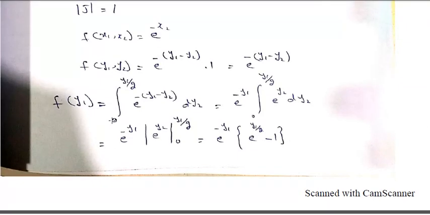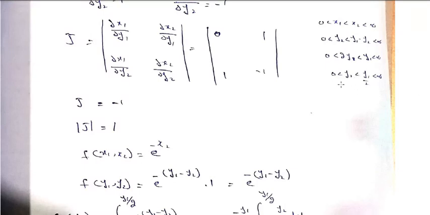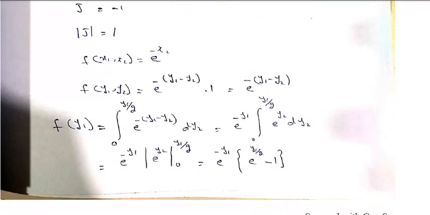The marginal f of y1 is found by integrating the function with respect to y2. The limit of y2 is 0 to y1 over 2.